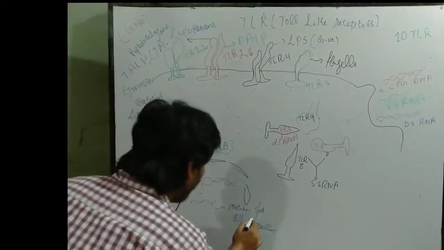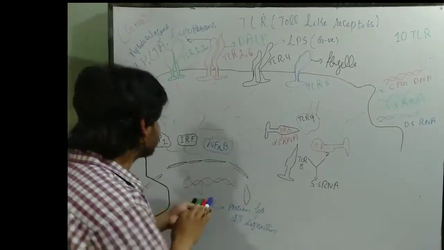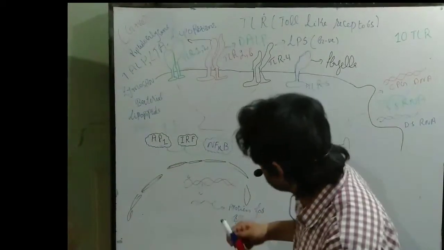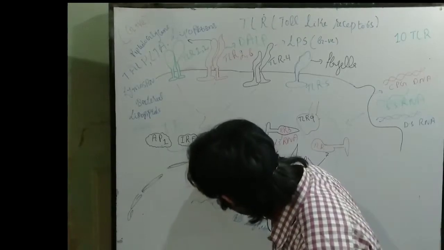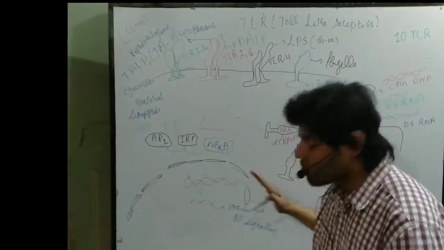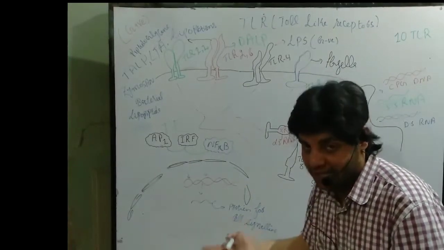Okay, after that, the interferon regulatory factors will sit here on the DNA of the phagocyte and transcribe to produce messenger RNA.